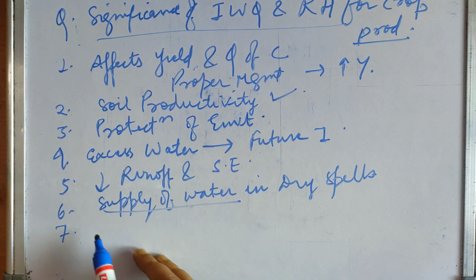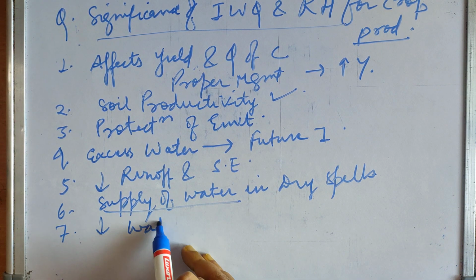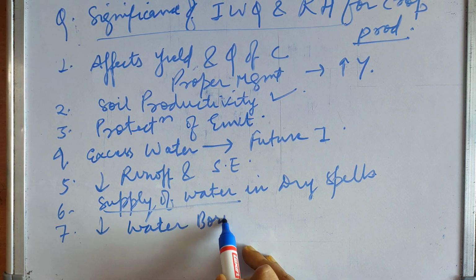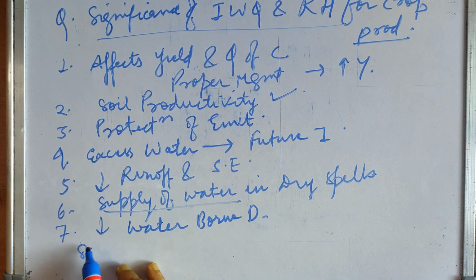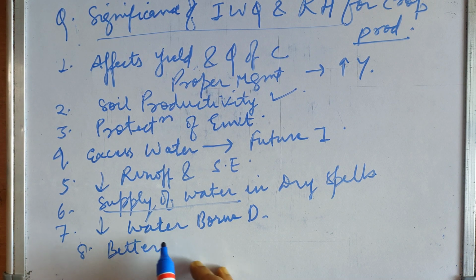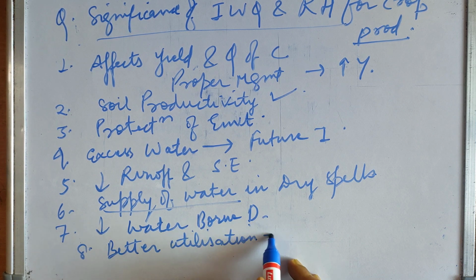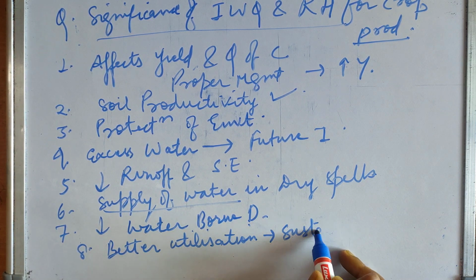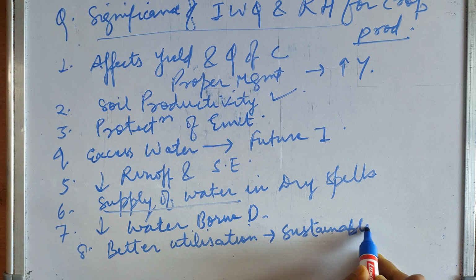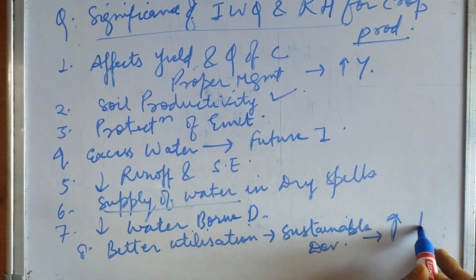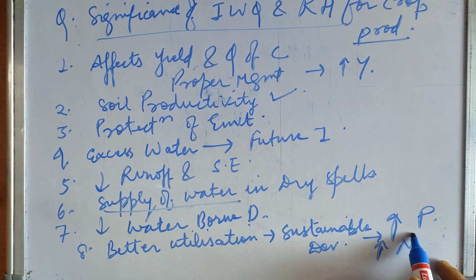Decrease waterborne diseases. Eighth is better utilization can lead to sustainable development. Better utilization of soil and water will lead to sustainable development with high production and high nutritional quality of crops.